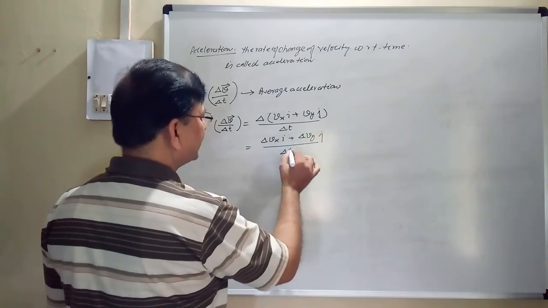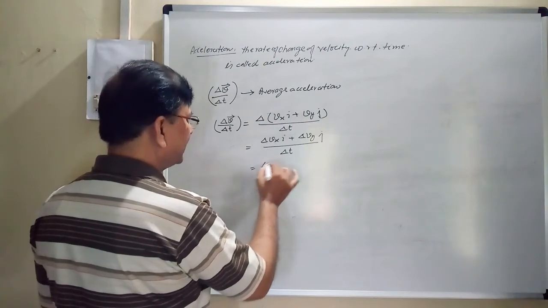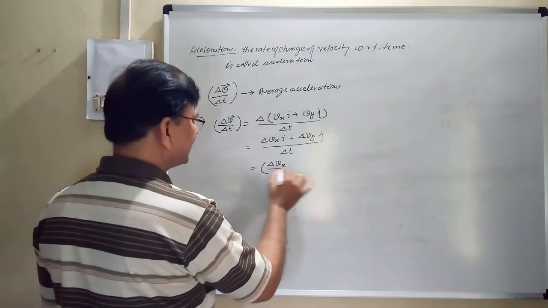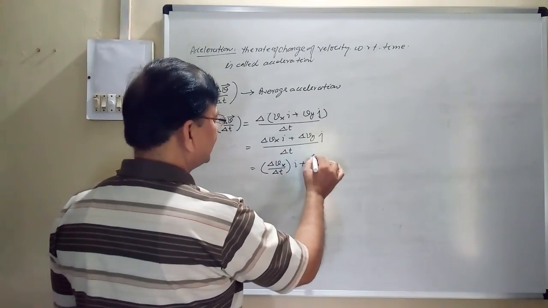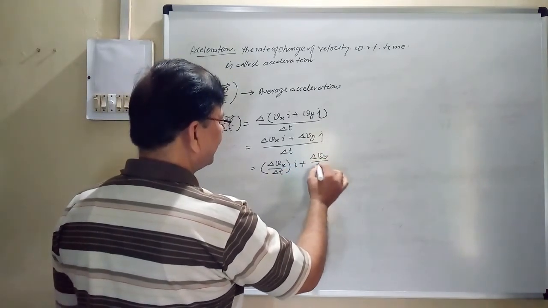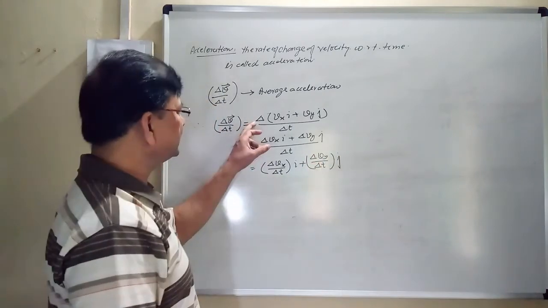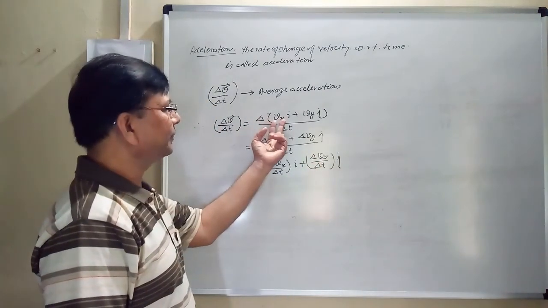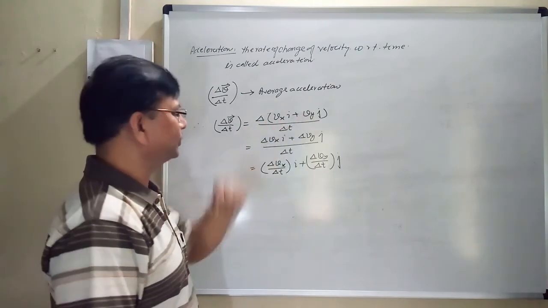So here it is delta vx upon delta t i plus delta vy upon delta t j. Because this change we are talking about vx. What is the change over here and what is the change over here?